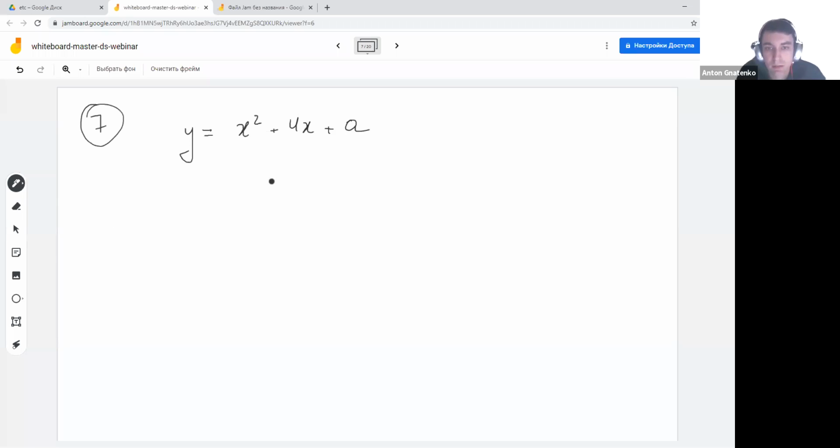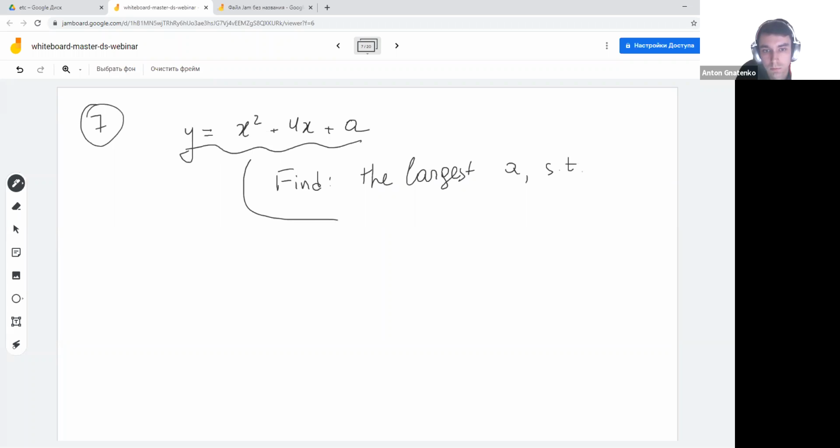We need to find the largest a such that the graph of this function intersects this line. Depending on the parameter a, the graph of this function will be different, and we need to find the greatest value of a when it intersects this line.